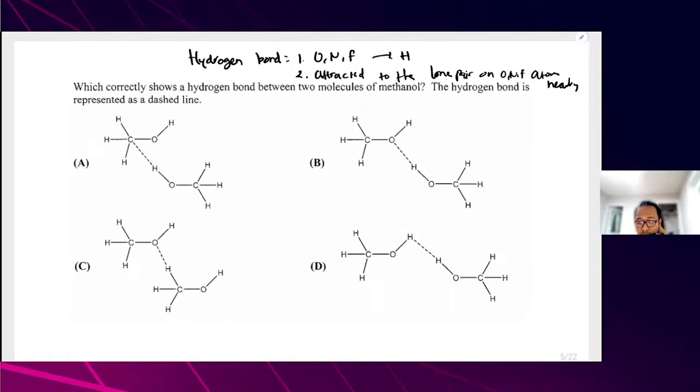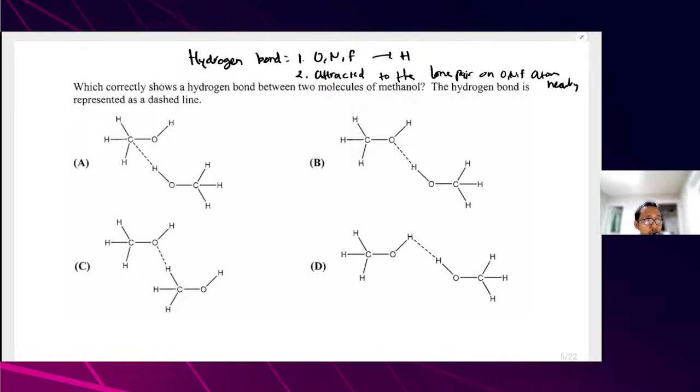For methanol, the OH group is the hydrogen donor, and the oxygen of another methanol is the acceptor. So let's evaluate the options one by one.